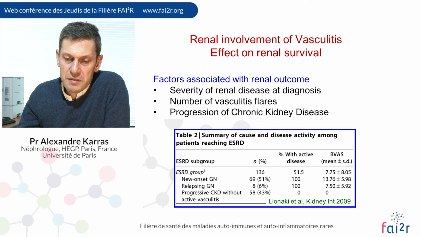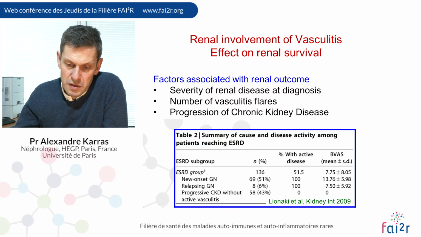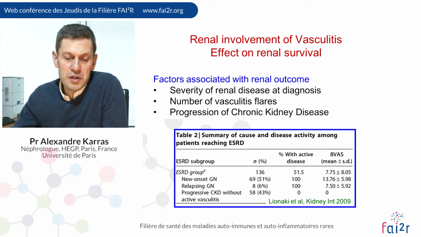Finally, it's important to note that many patients will progress to end-stage renal disease not because of active vasculitis, but because of progression of chronic kidney disease. When we have a look at this study published 10 years ago, we can see that almost 55% of patients reach end-stage renal disease not because of relapsing or new onset glomerulonephritis, but because of progression of CKD without active vasculitis.